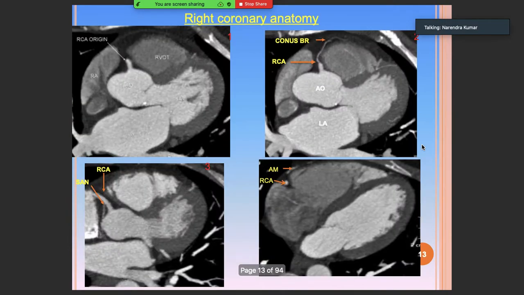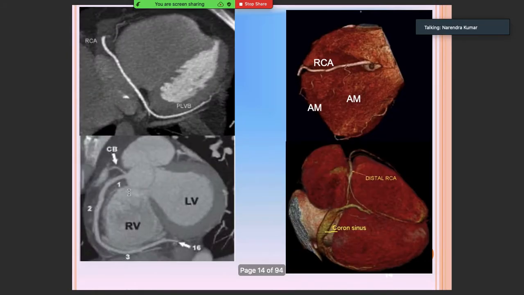Now, how about its anatomy? As I said, it is important to go through its anatomy, because you will be coming across these problems, right from its origin, then its course as well. How is it going through the different areas and the different segments? That is also important to comment on, and later on I'll show and explain the different findings as well.